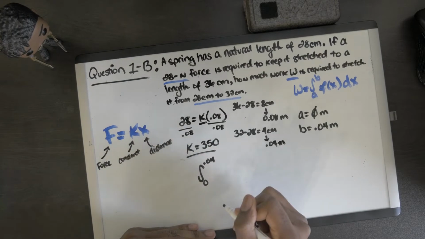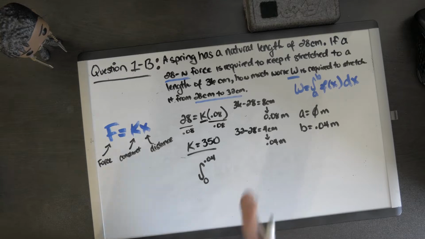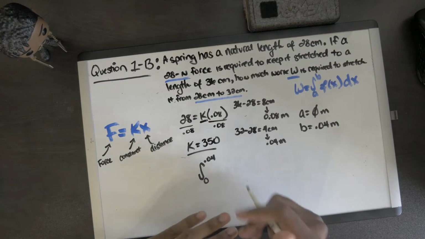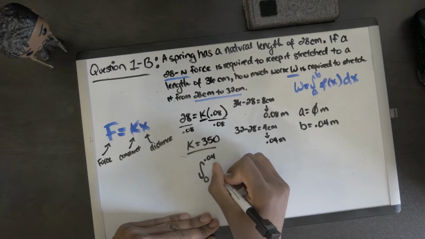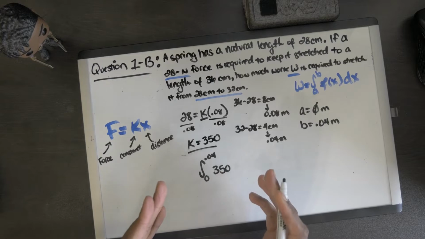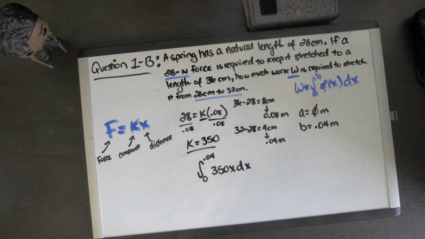So we're going to go ahead and plug that in. Now that we know the value of the k, we're going to plug that in. And again, it's going to be 350 and then x dx.